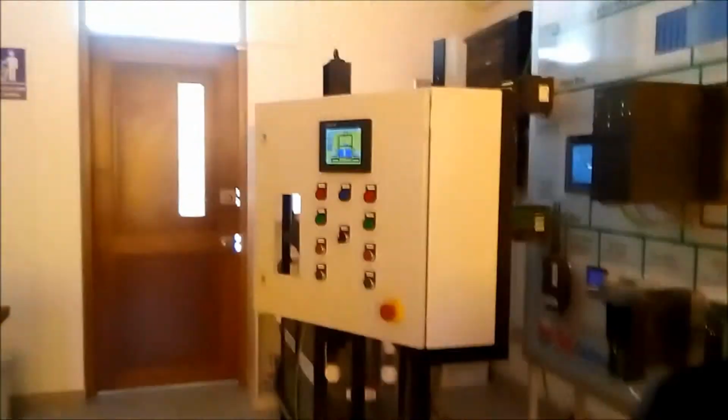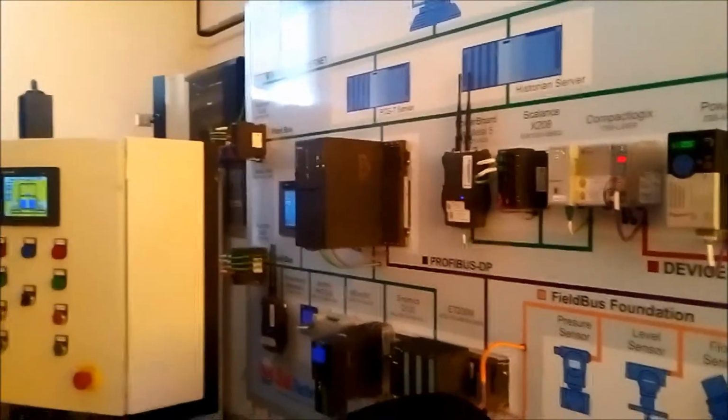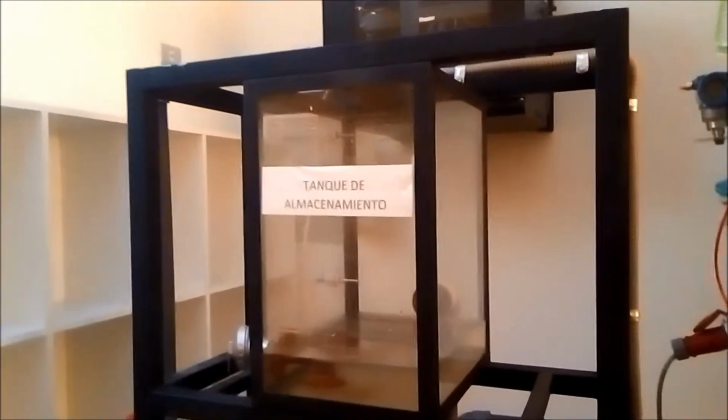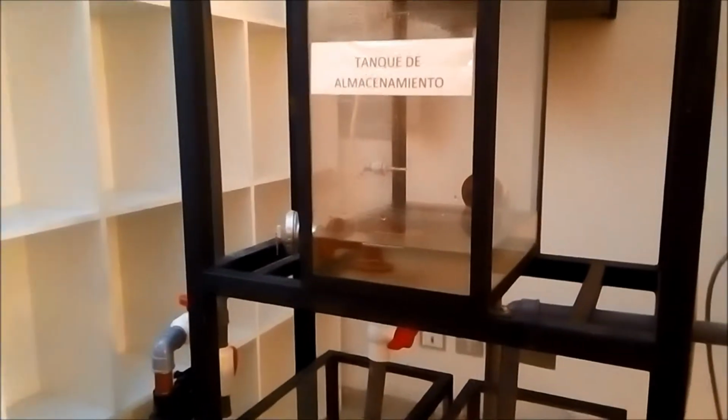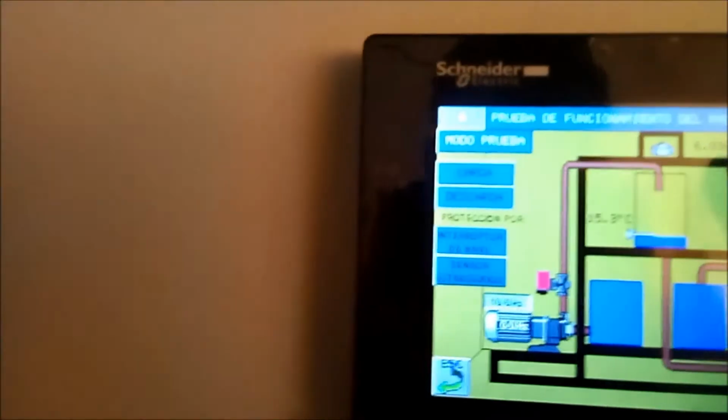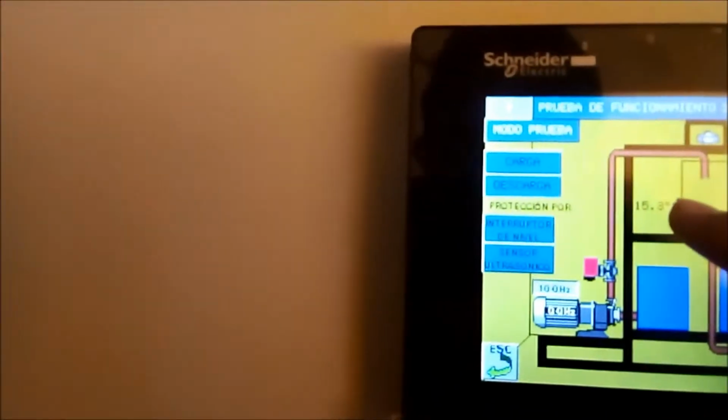To write values from the Schneider PLC to the S7-400 CPU, for example, here we have a system instrumented with a pumping water system. Here we have a level sensor and a temperature sensor. Over here it's based on RTD. The values processed over here, as you can see, say 6.8 and 15.3.